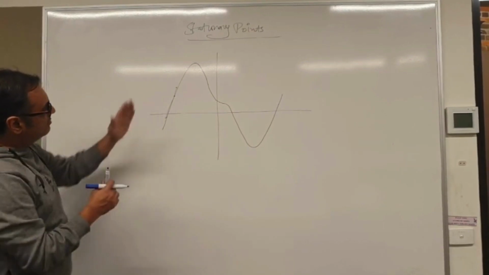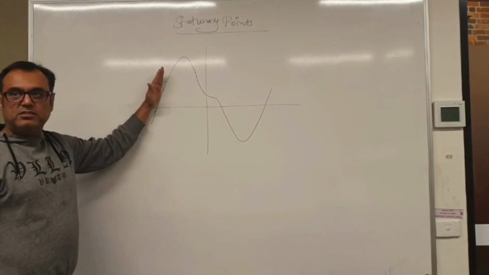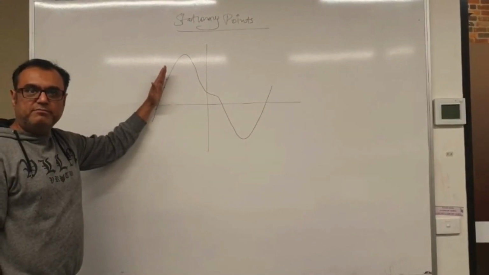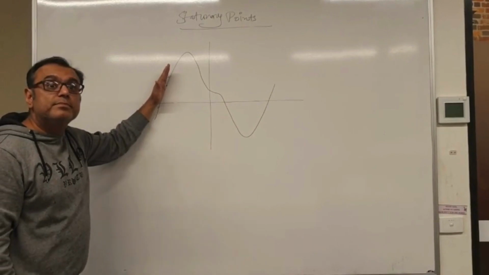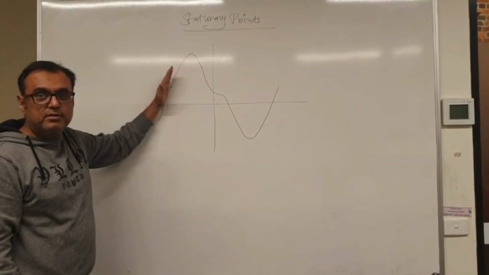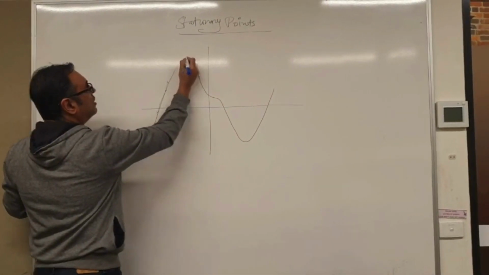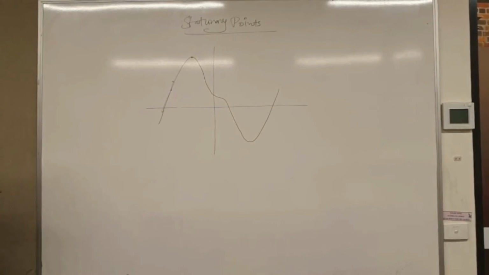And looking at it, just forget about the slope for a second. If this line's like this, the tangent's like this, slope is positive or negative? Positive. Good. Let's draw a tangent at this point.